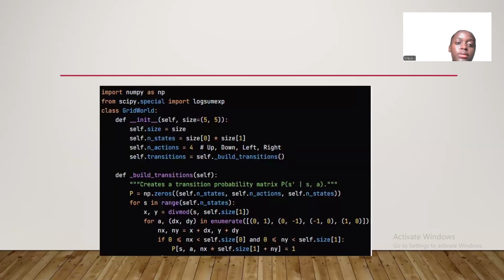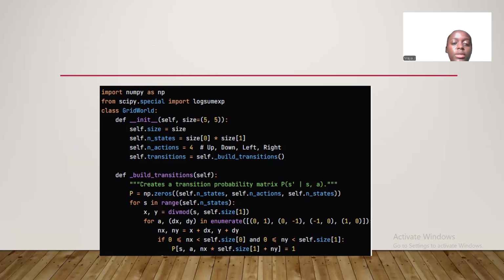So this is a small code snippet, an implementation, for entropy.